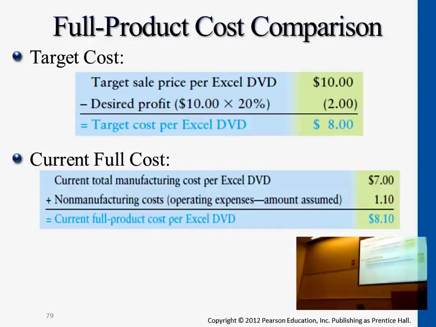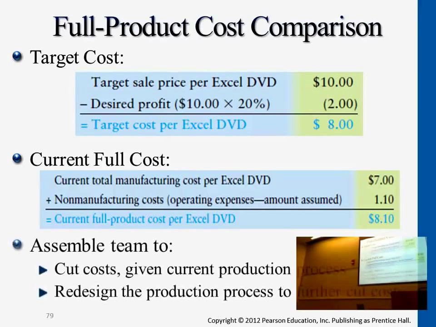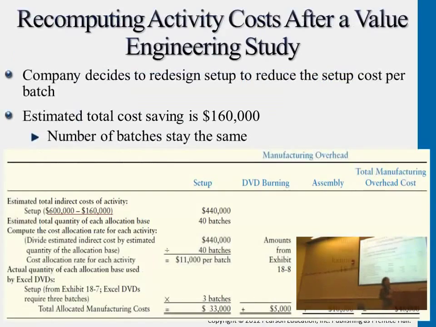So the book gave an example that in order to meet this $8 target, they decided to redesign the way they set up the DVDs. So originally the total manufacturing cost was $60,000, and now they want to meet a dollar amount of $48,000 in order to reduce the cost lower than $8.